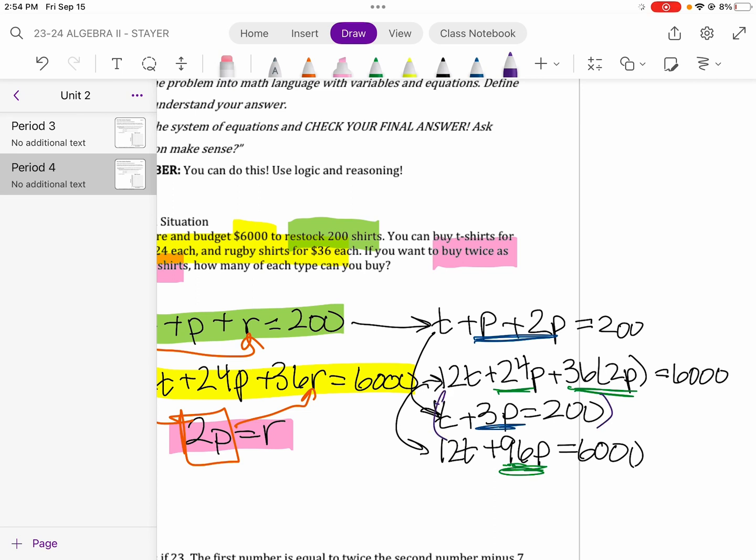So I'm going to multiply this one by negative 12 because now, if I do that, it's going to be negative 12T. 12 times 3 is 36, so negative 36P. 12 times 200 is negative 2,400. The T's are out of there.